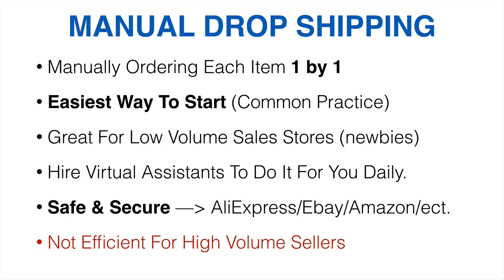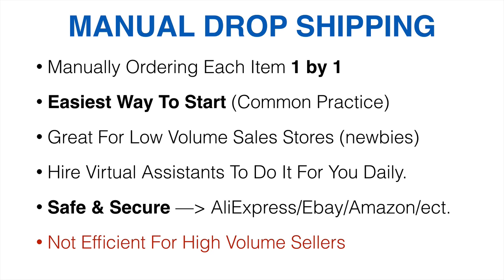So you can always start out this way and then hit the vendor up after you've bought a couple of items from them over the course of a few weeks or a month and say, hey, look, we're growing. This is getting to be kind of tedious because we're having to order each item one by one. Can we just send you a file of all the orders and you ship them out for us and we just pay one big payment instead of having to pay 20 different times?